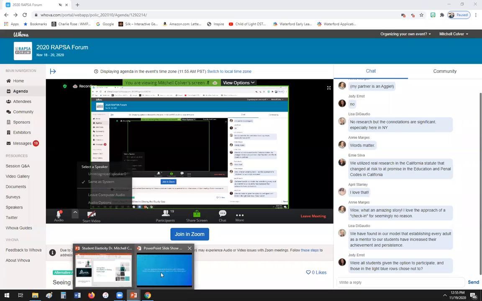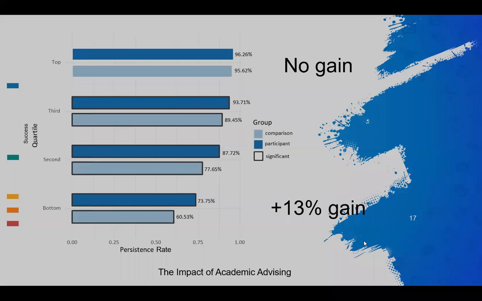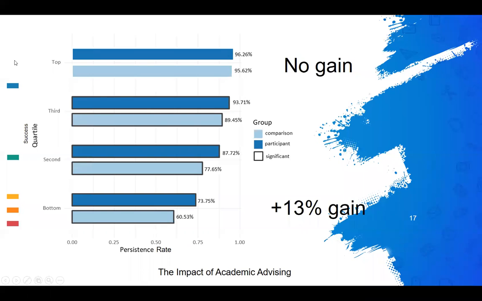We use what's called a prediction-based propensity score match. And what that means is when we're building these success quartiles and this impact insight, we're matching comparison students in the light blue bars with navy blue participant students based on two propensity scores.